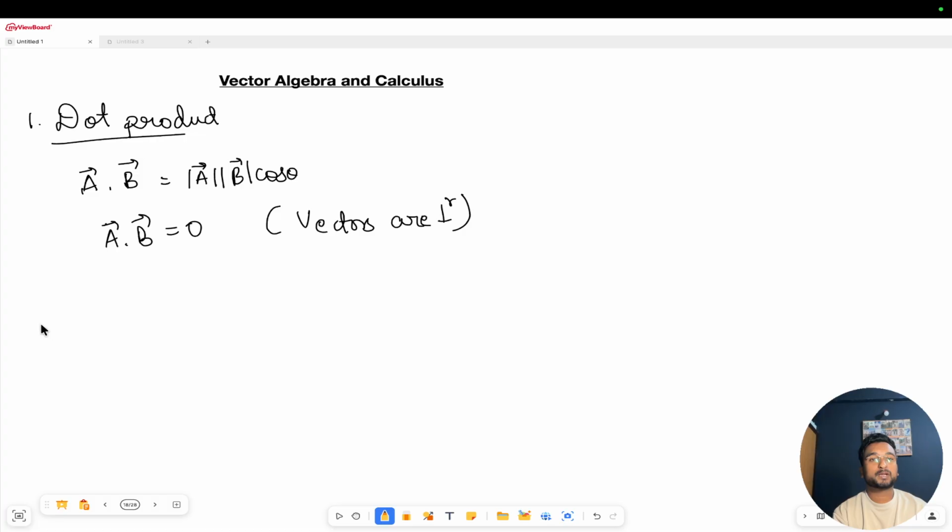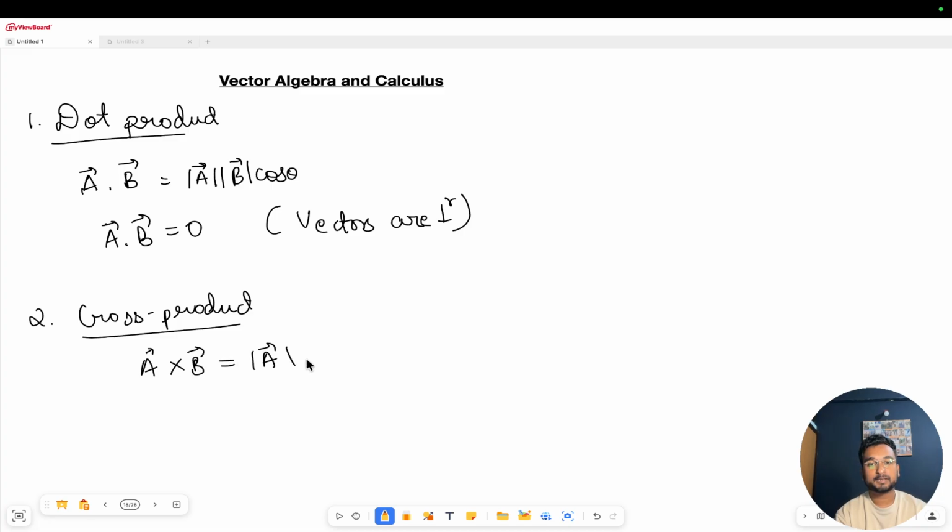Okay, if I have to calculate the area between two vectors, if they are originating from the same point, I will use cross product. So cross product gives you the area between the two vectors if they are originating from the same point. So a cross b is what?